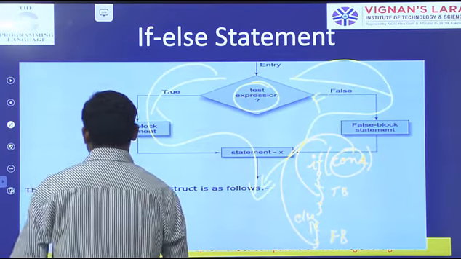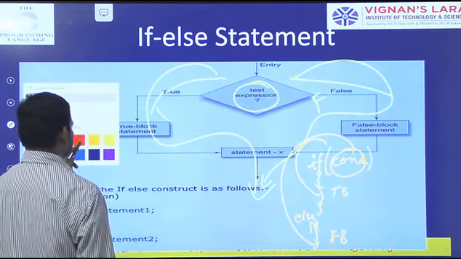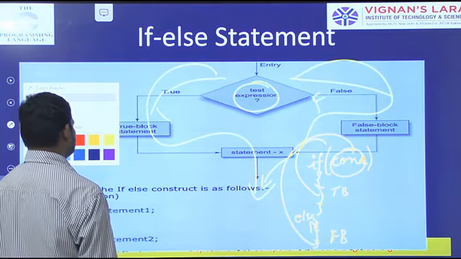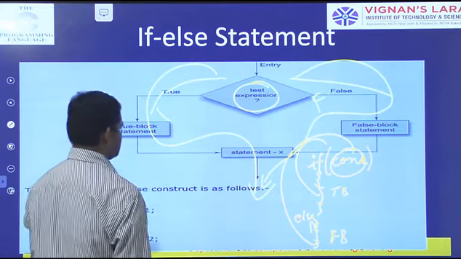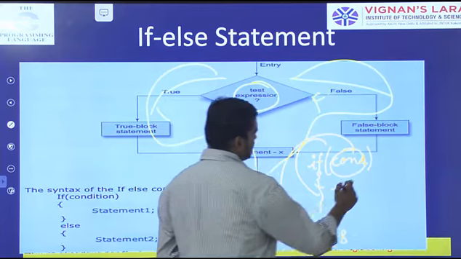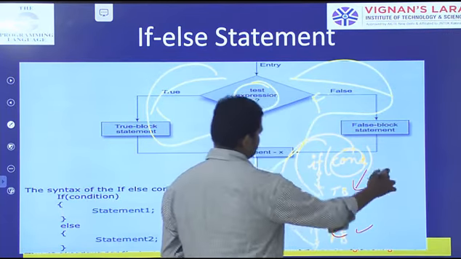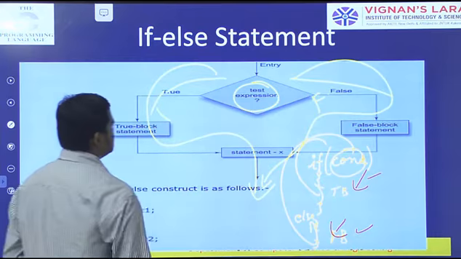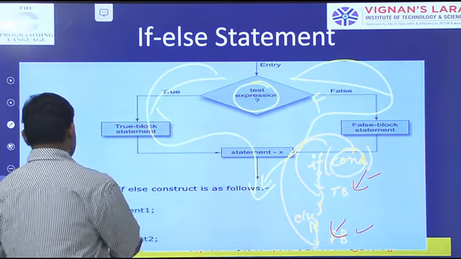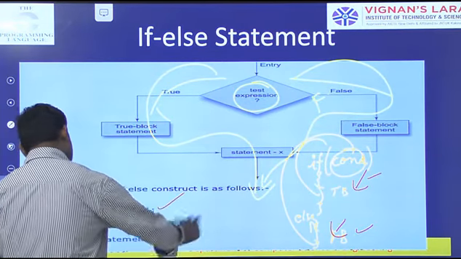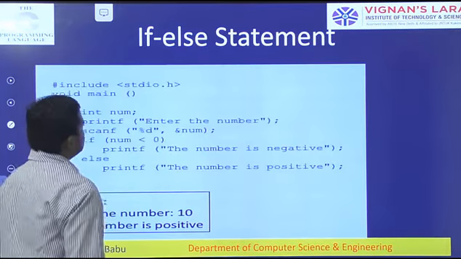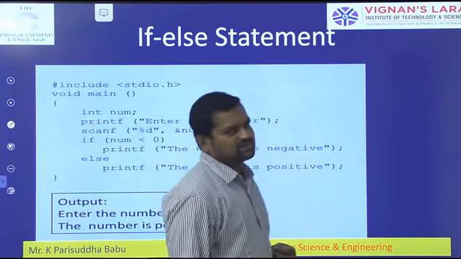So this is one way of representation, and this is another way. This is a two-way selection. If the condition is true, this; if false, this.